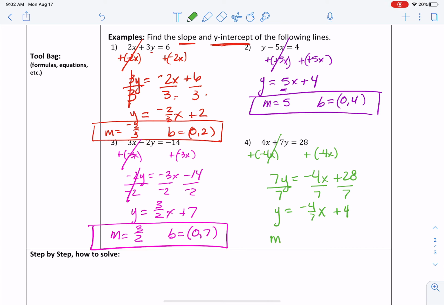And I identify that my slope is negative 4 over 7, and my y-intercept is the point 0, 4. Don't forget the parentheses. So that's it for finding the slope and the intercept from a linear equation to be able to graph them if needed.